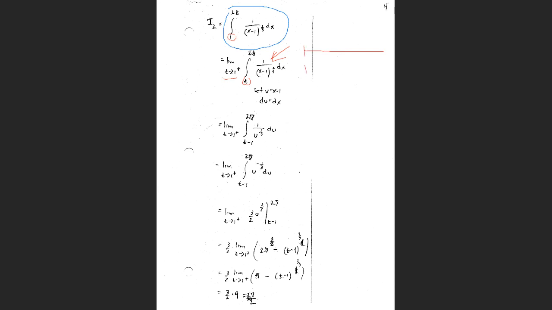We go from 1 to 28. So we're approaching 1 from the right. That's why we have the superscript plus there.